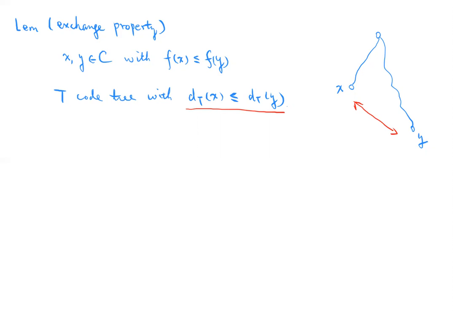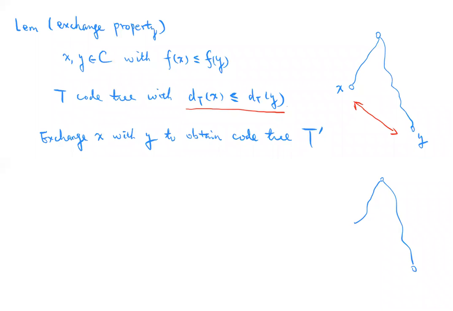All right. So what happens is if we exchange x with y, we get a new code tree.